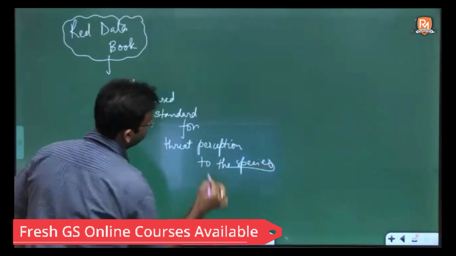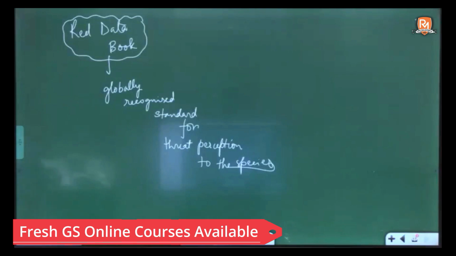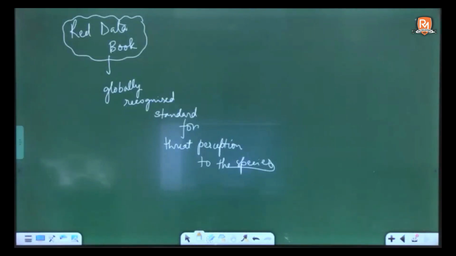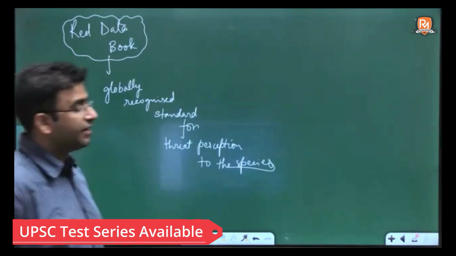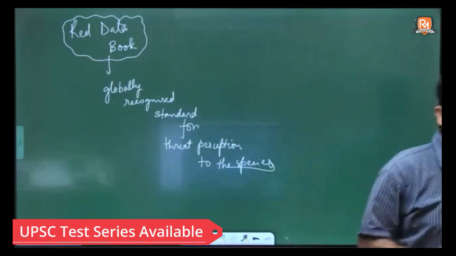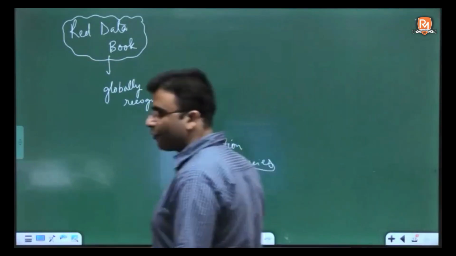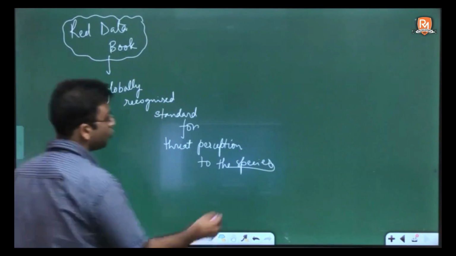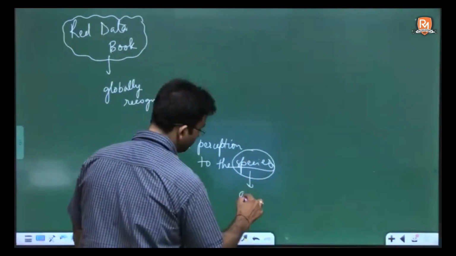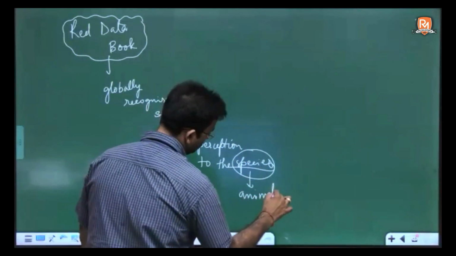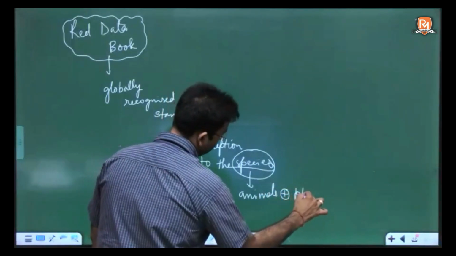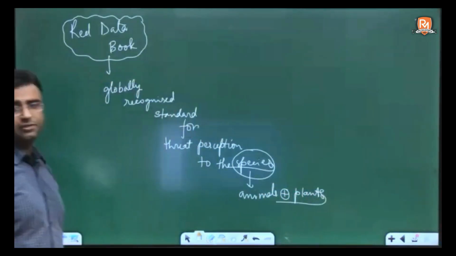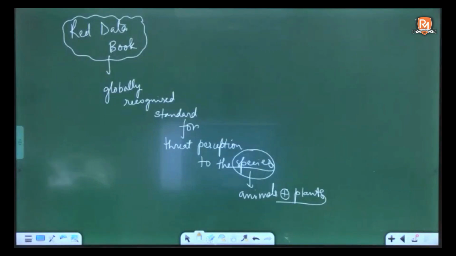It includes both animal and plant species. Yes, it's a very important topic. You have seen many questions in the past coming from this topic in the UPSC exam. So this red data book is the globally recognized standard for threat perception to the species of both animals and plants.